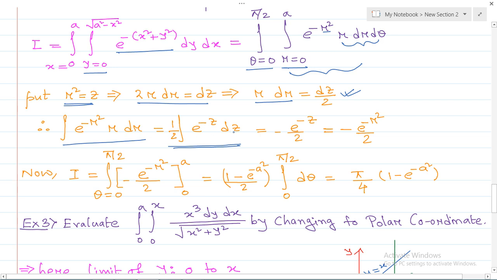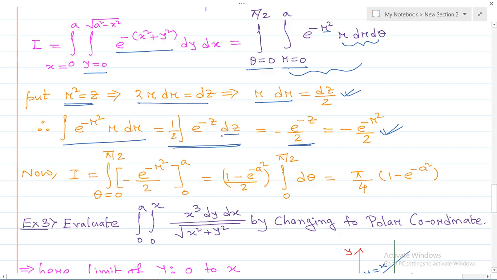I have taken 1 by 2 outside. The integration of e power minus z is minus e power minus z, with 1 by 2 coming here. Lastly we substitute z equals r square, so it comes minus e power minus r square divided by 2.